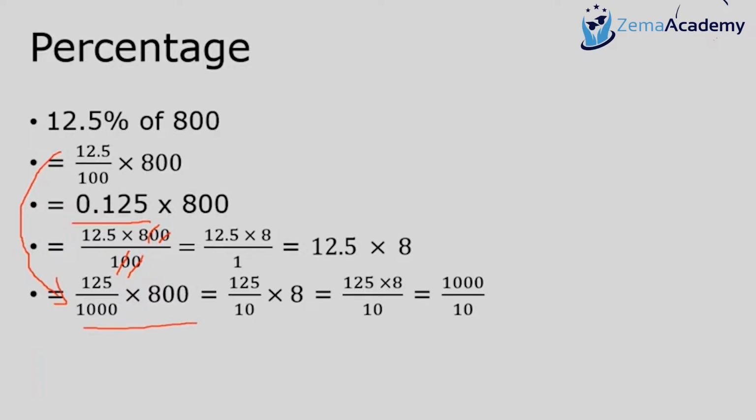But again, I could cross off some of those zeros. I've now got 125 divided by 10 times 8. Again, I can move that 8 up above the 10, just like we looked at with fractions last week. And I could calculate that 8 times 125 is 1,000. So the final thing is 100.